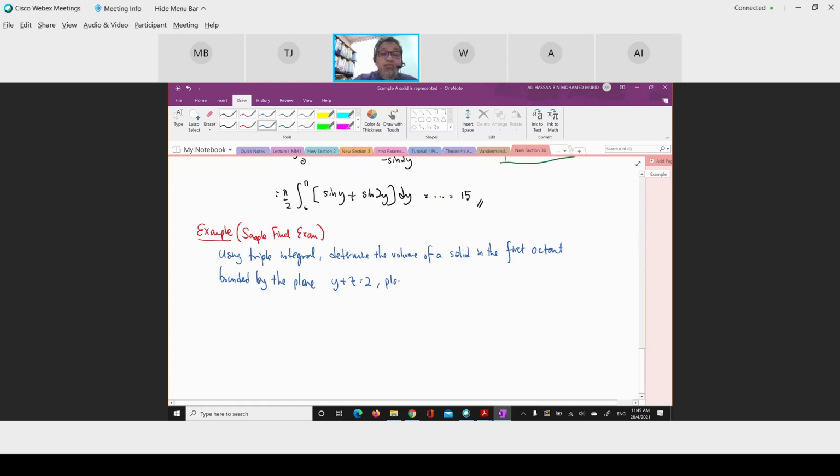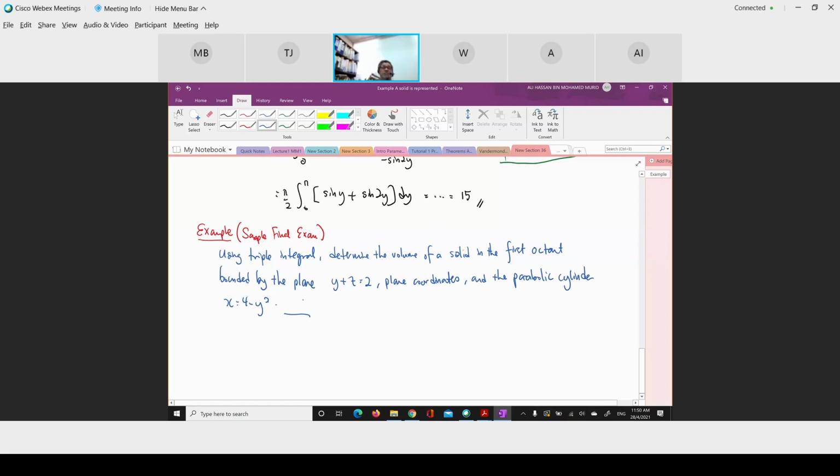The coordinate planes and the parabolic cylinder represented by x equal to 4 minus y squared.